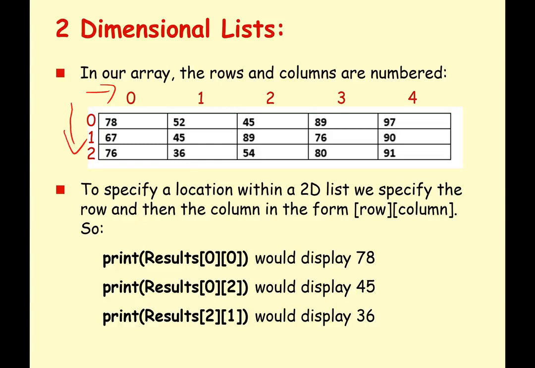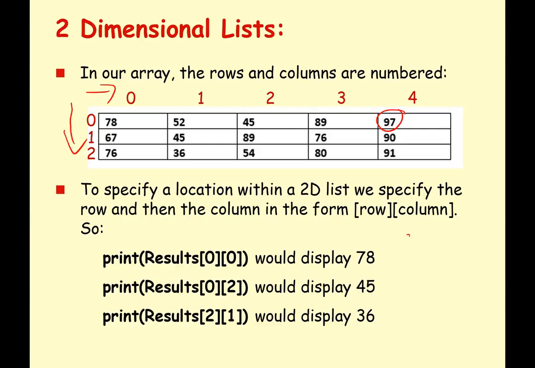0, 1, 2, 0, 1, 2, 3, 4. Don't get it mixed around. You're going to start accessing index positions that are outside of your array, and it's going to start crashing. So for example, if I wanted to print out this number, so I want to print 97, what do I need to print?